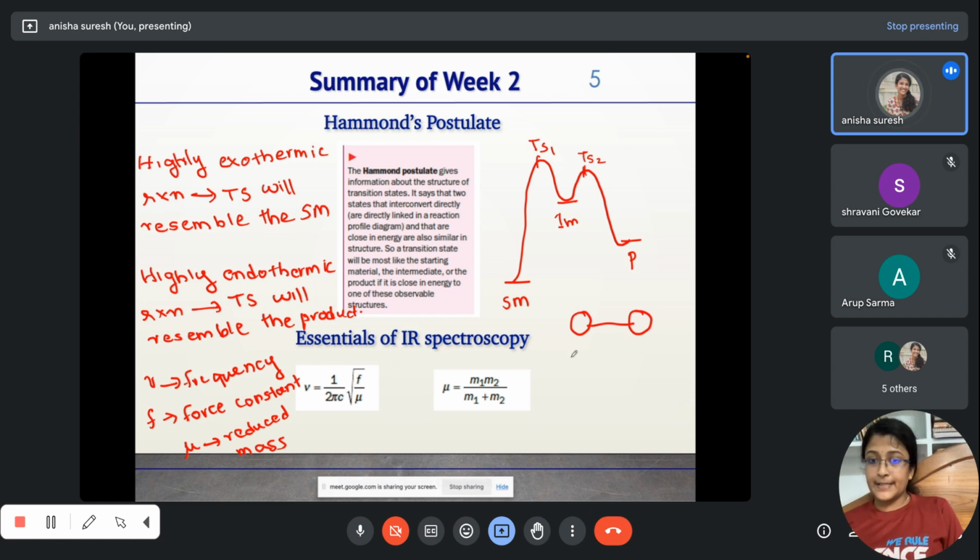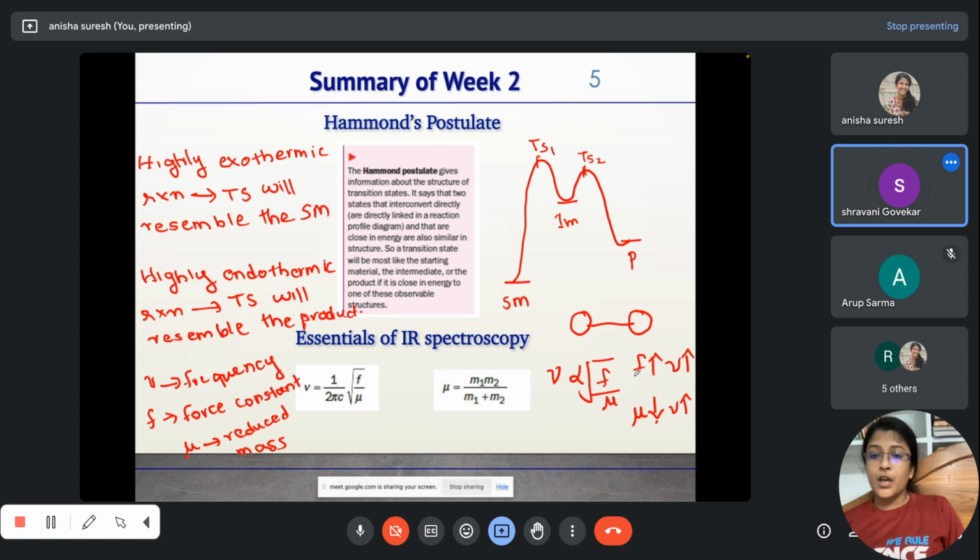Here nu is proportional to root of f by mu. So if f increases, nu will increase, and if mu, the reduced mass, decreases, nu will increase. Is this clear?